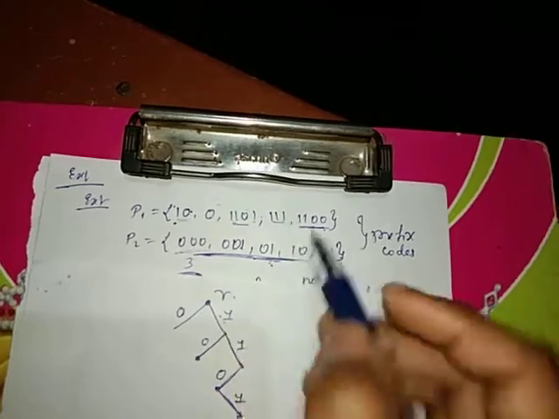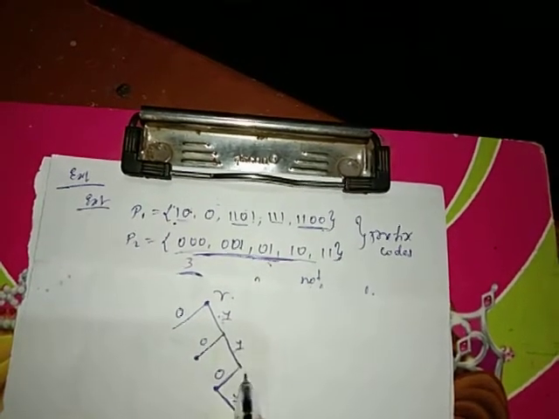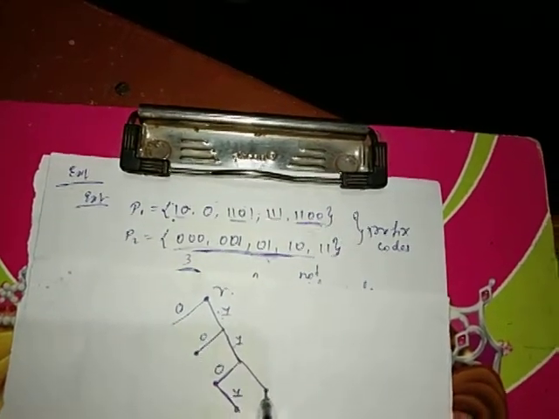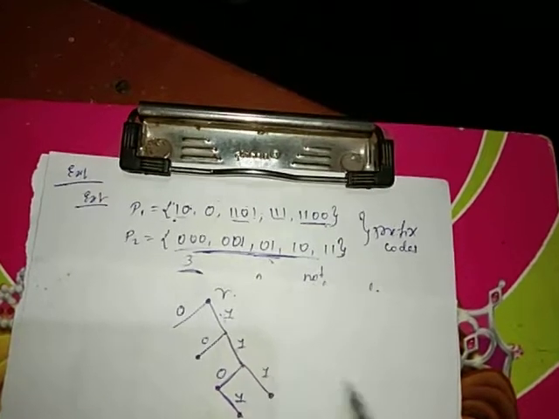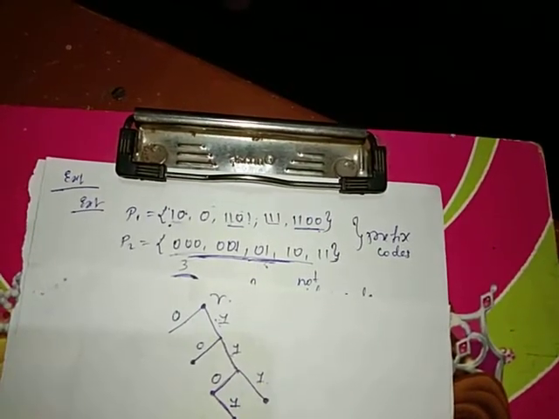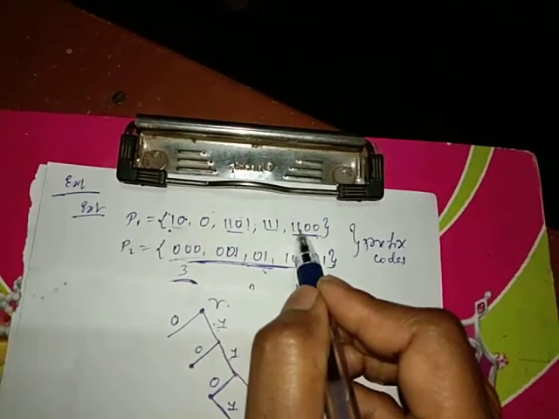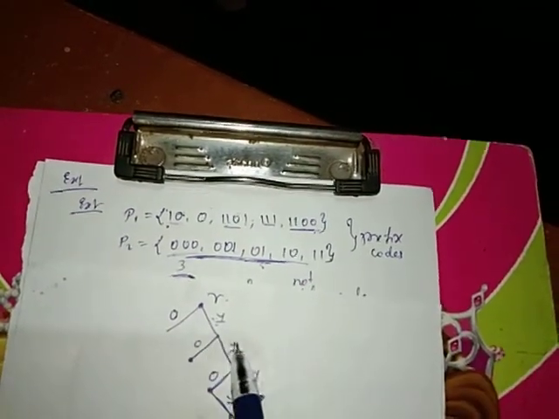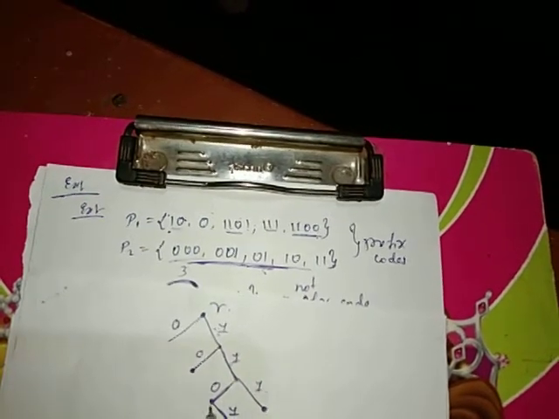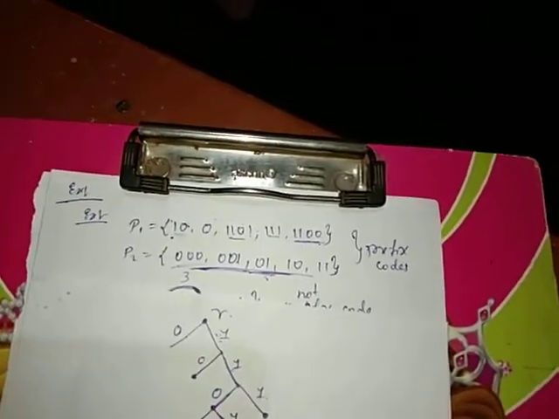Now 1 1 1. Already 2 1s are there. Just continue to the right side. Correct? Now see 1 1 0 0. Already 1 1 0 is there. We need 1 more 0, so move it on to the left side.